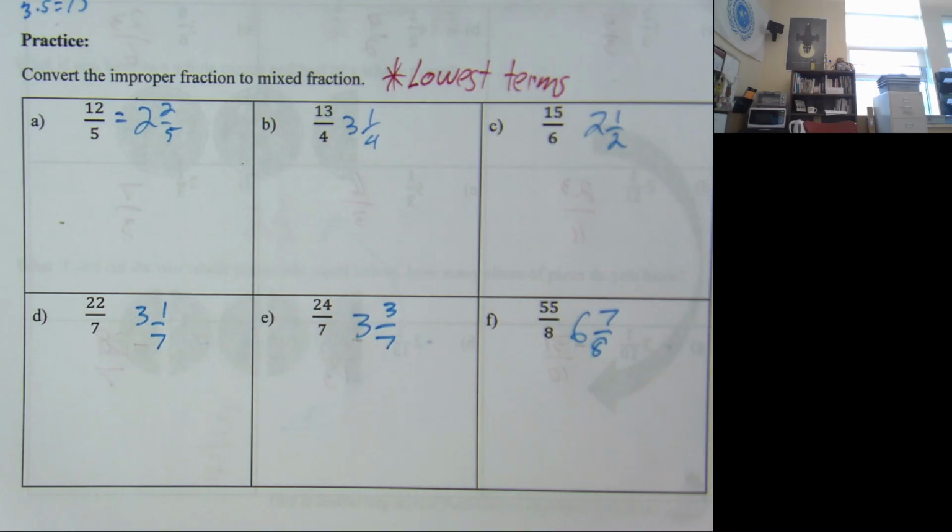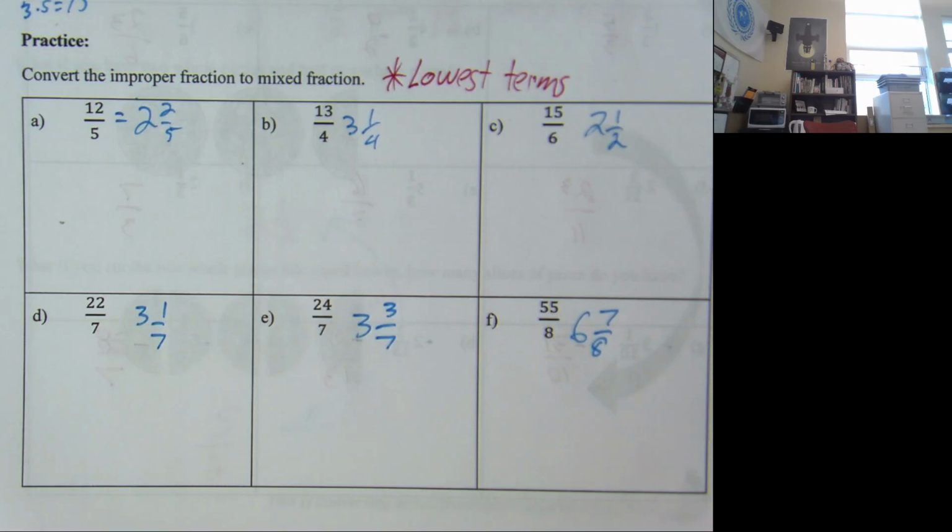Yeah. Almost. The fraction part's right, but the whole part's not. So what you've written is you said, okay, you can take 5 fives out of 12. Which isn't true, because 5 fives is 25. You took 2 fives out of 10.